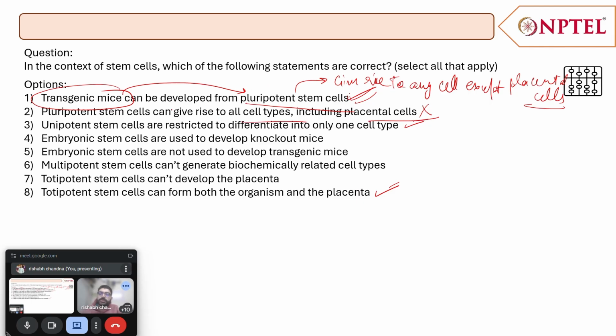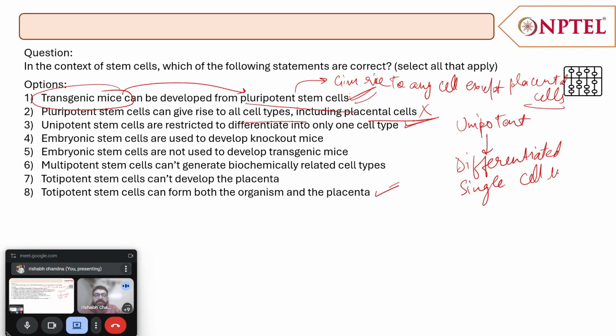Okay, unipotent stem cells are restricted to differentiate into only one cell type. Yes, this is correct. The meaning of unipotent is that they differentiate to a single cell lineage.